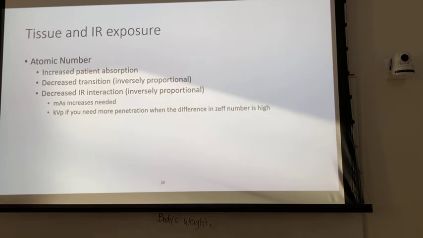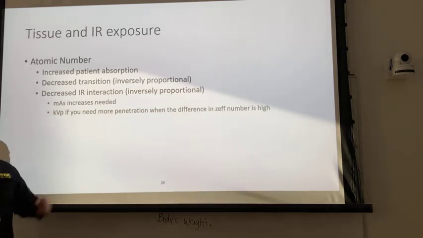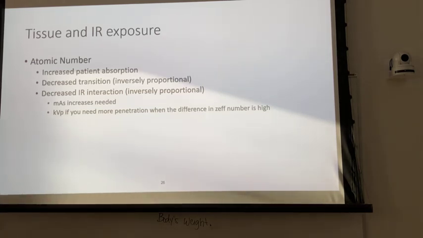Same with atomic number, more dramatically with atomic number, that's your Z-effective number. So if we have a dramatic increase in bony tissue, for whatever reason, we're going to have an increase in contrast there as well, but everything else follows the same, with the exception of KVP in the event that we need more penetration.